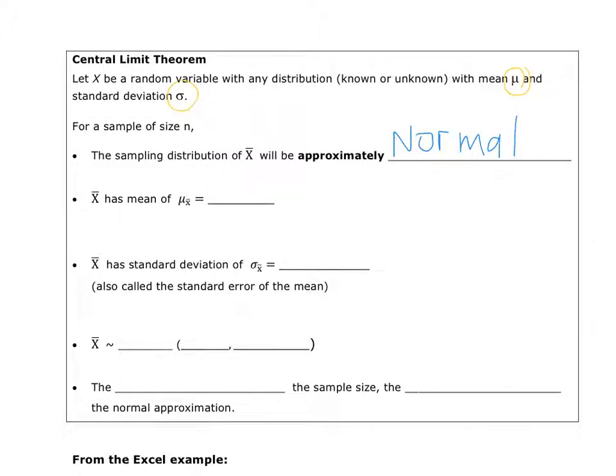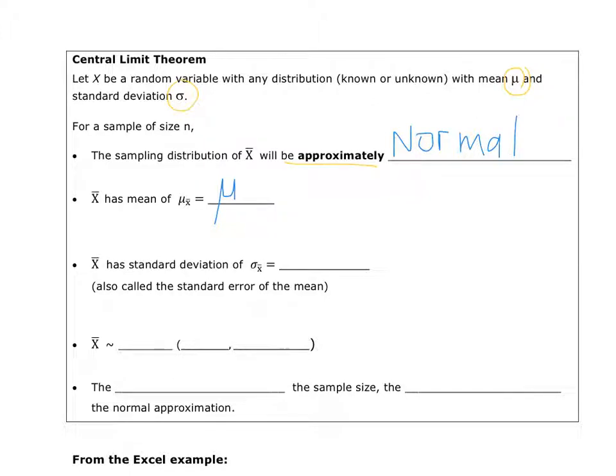It's approximately normal, right? If we want to think about what the mean of x bar is, and we can denote that with a mu with a little subscript of x bar, well, that's actually going to be equal to the mean of the distribution of x, whatever our original random variable is.